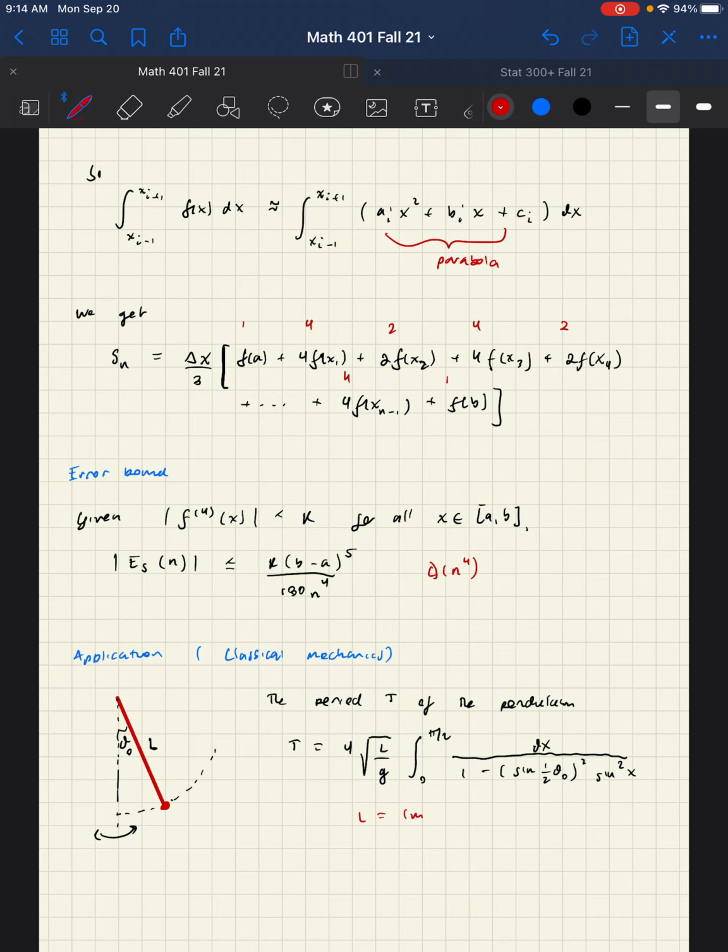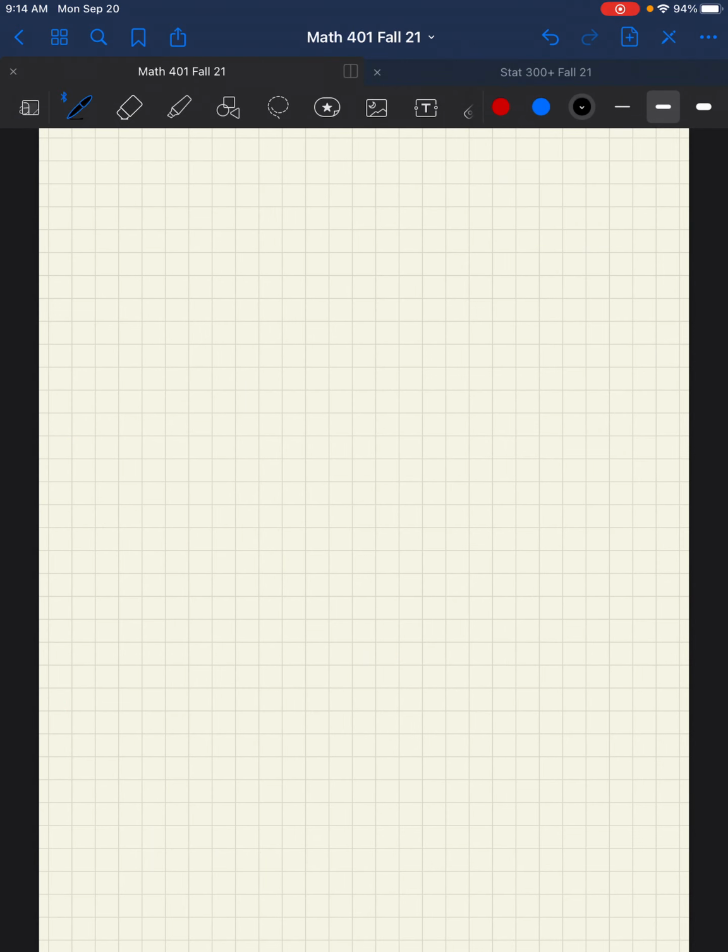So for simplicity's sake here, we're going to let L be 1 meter. So the pendulum is 1 meter long. g is 9.8 meters per second squared. And theta naught, the one that we're going to use is going to be pi over 4. Okay, so we're going to assume that we pull it up to a pi over 4 angle with the vertical, and then we let it go, and then we measure the period of the oscillation, the movement back and forth.